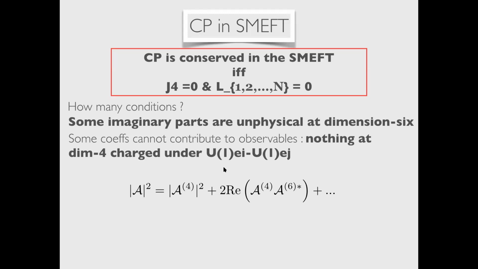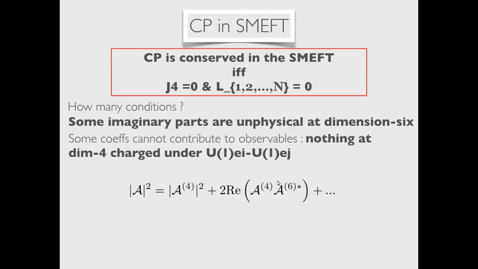Since I work at the first non-trivial order, I need to look for any coefficient from the SMEFT that has a transformation under this phase rephasing. I need to contract it with something at dimension 4 that would form an overall singlet object under this rephasing.